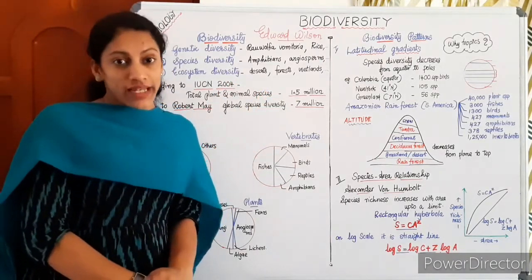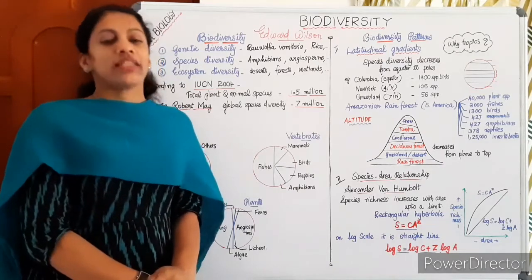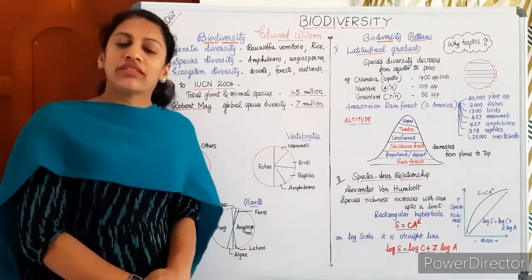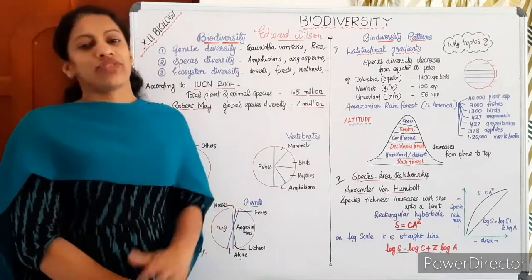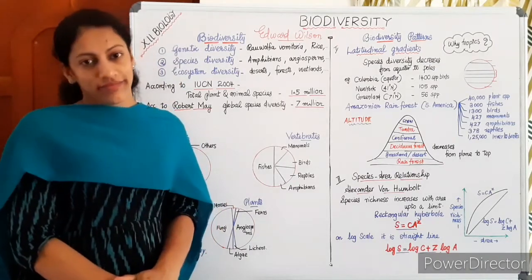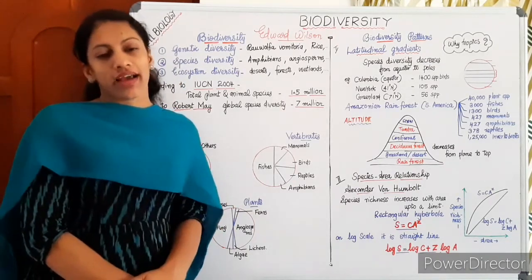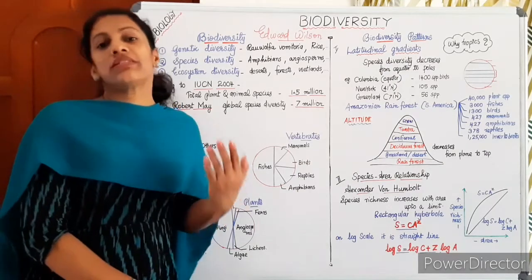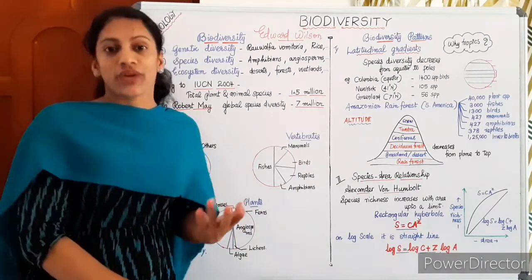According to IUCN 2004, the species diversity on the earth is slightly larger than 1.5 million. They also estimated that a large number of species are yet to be discovered.